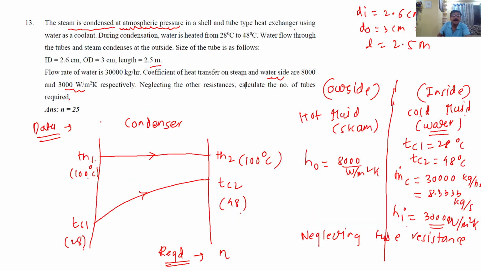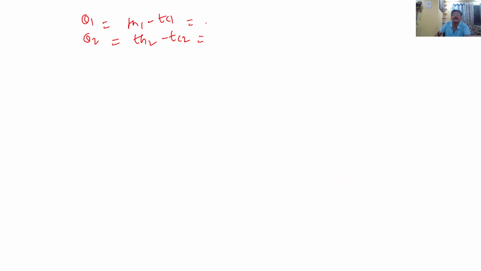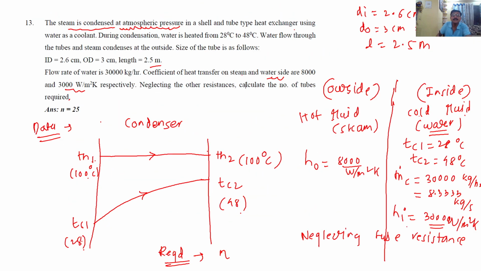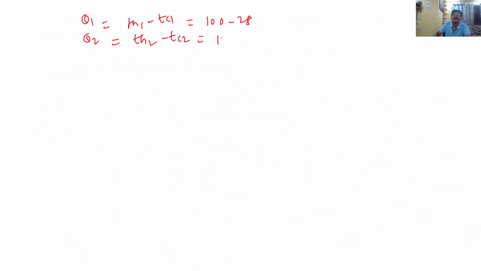TH1 minus TC1, 100 minus 28, and TH2 minus TC2. TH2 is 100, TC2 is 48, so 100 minus 48. So 100 minus 28 means 72 degrees Celsius, and this becomes 52 degrees Celsius.